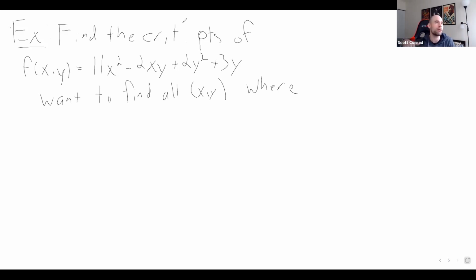That's not as common, but it can happen. And if we come to an example, I'll highlight that. But in this case, when you take the partial derivatives, there's nowhere where the partials don't exist. So we need to find the points where both partial derivatives are equal to 0 at the same time. In other words, we're finding the critical points.